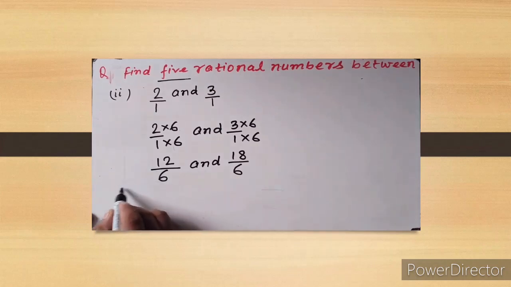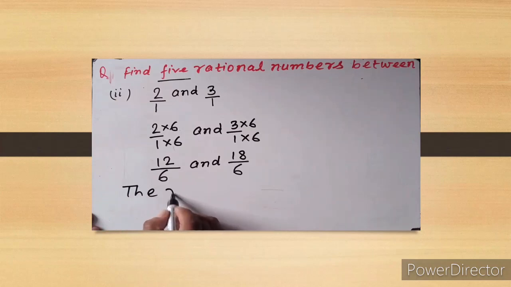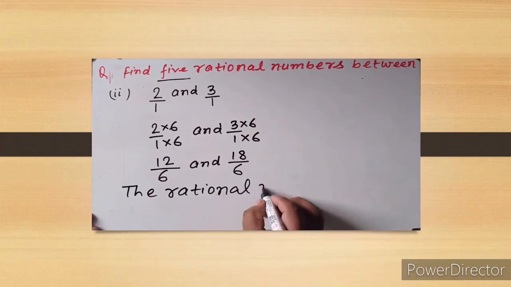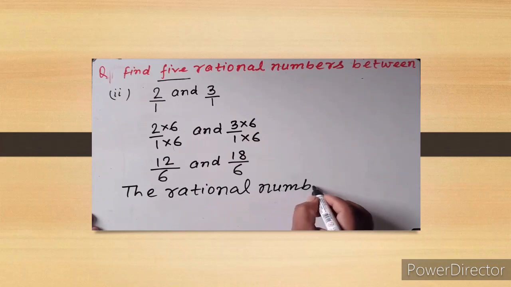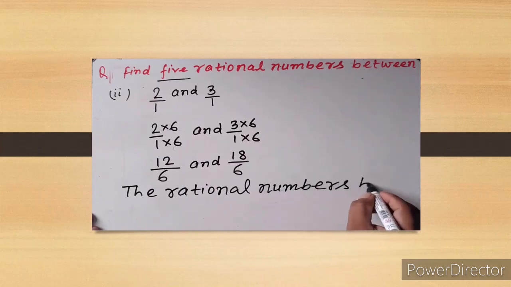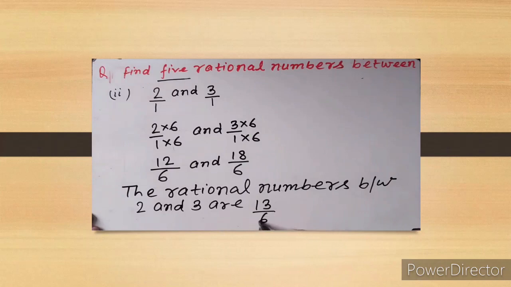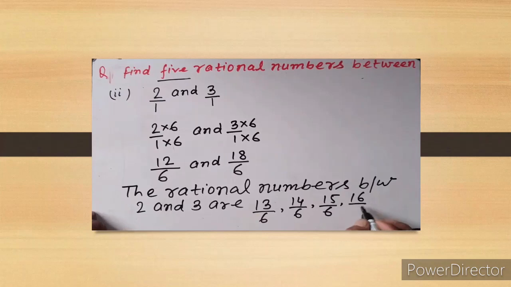You will write the 5 rational numbers between 2 and 3 are 13 by 6, comma 14 by 6, comma 15 by 6, comma 16 by 6 and 17 by 6.